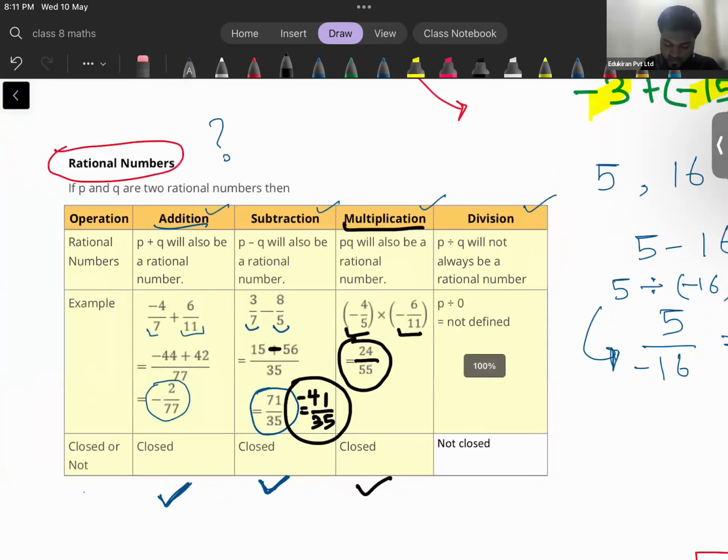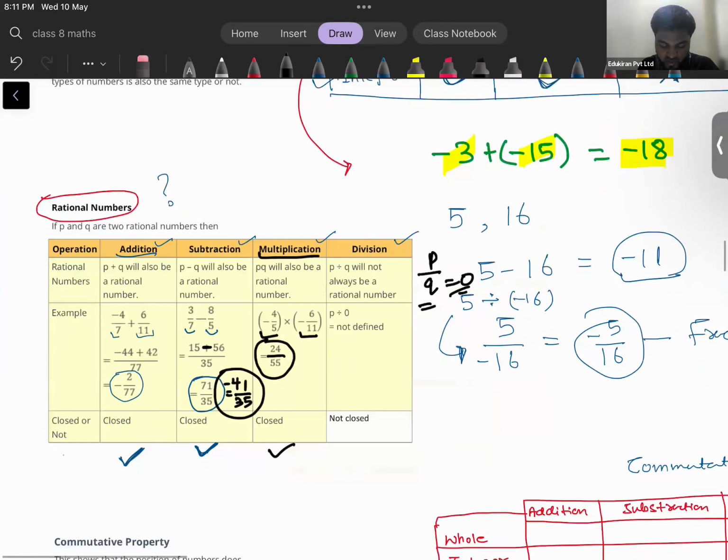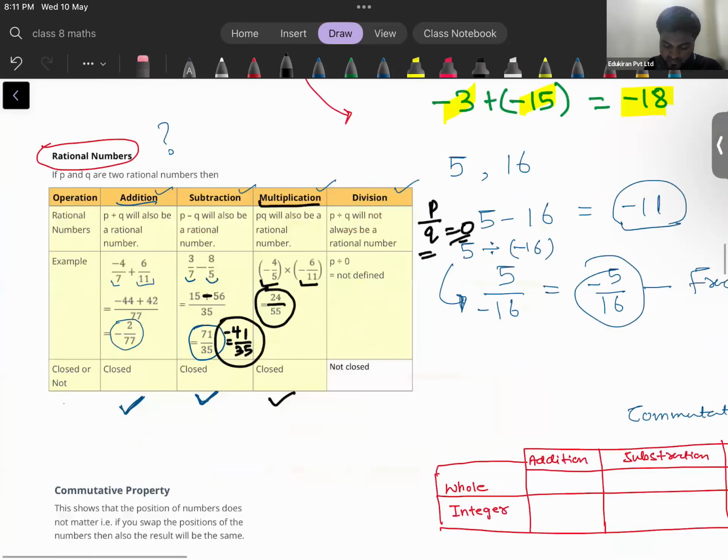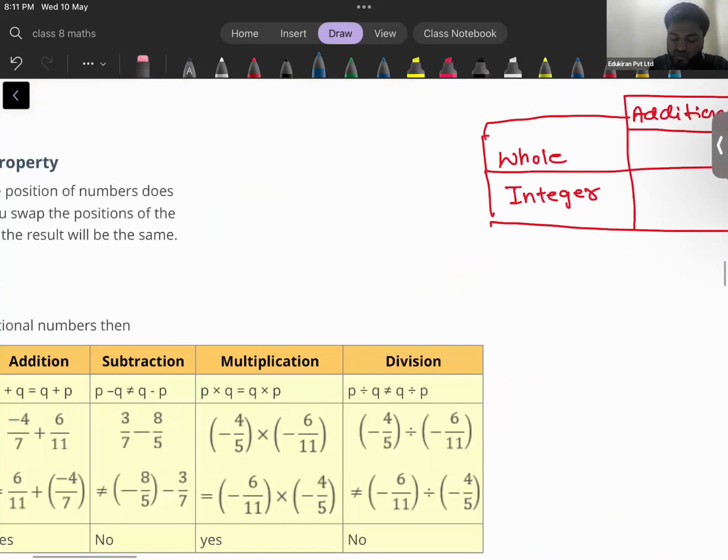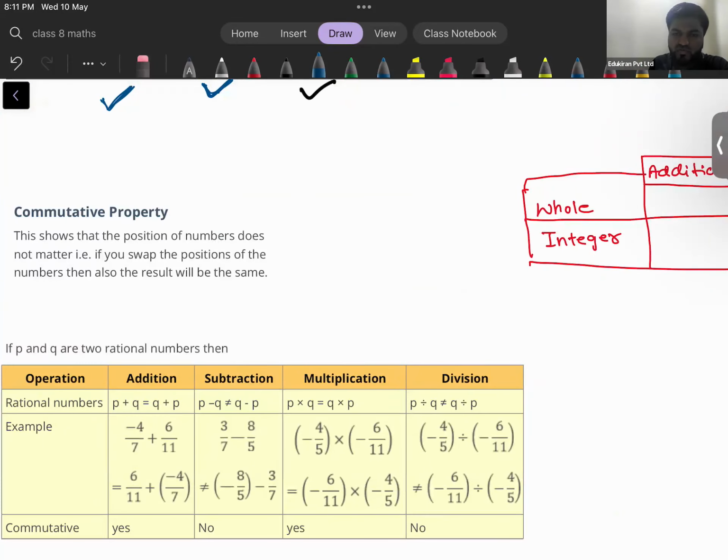Okay. Now moving on, let's talk about the commutative property, right? Which basically says that if you are given two integers, or two whole numbers, or two rational numbers, it could be anything.